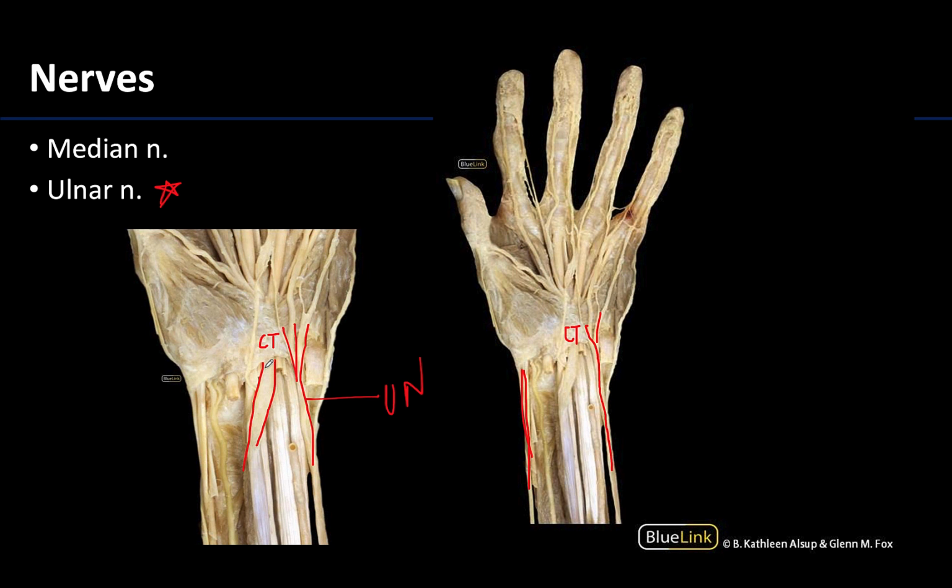But the key is that the median nerve does traverse the carpal tunnel. It provides a small efferent or motor branch called the recurrent branch of the median nerve to the thenar compartment. You can see a little peek of it right there in that thenar compartment. And it also has numerous cutaneous branches throughout the hand.